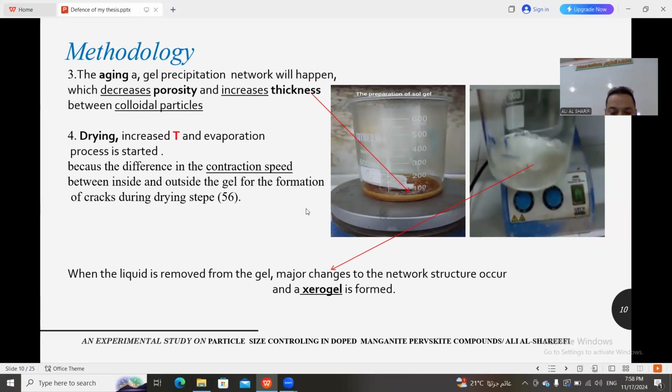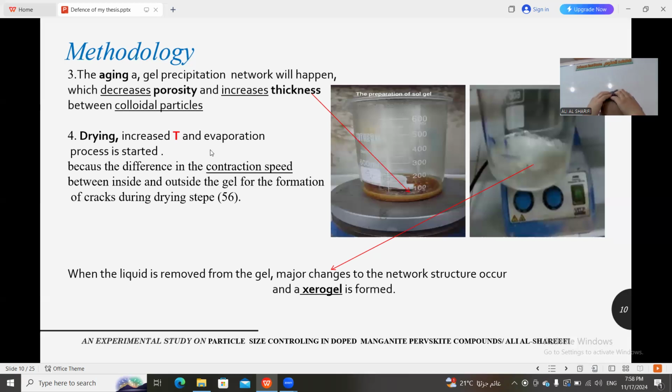At last, increasing the temperature a little bit more, the evaporation process is started by using higher temperature. Why? To evaporate the solvent. I'm talking now about the hydrochloric acid and water, the pure water. Why do we have cracks in the sol gel process?